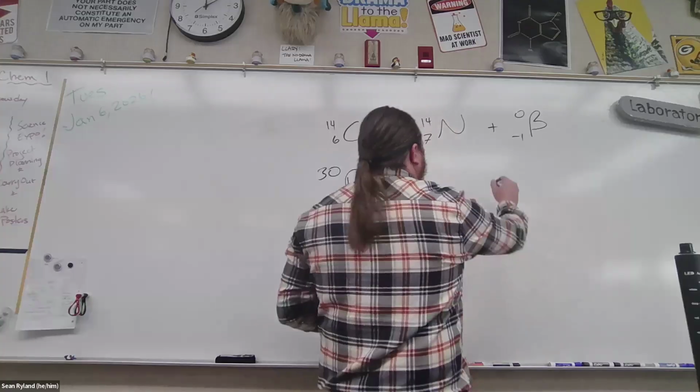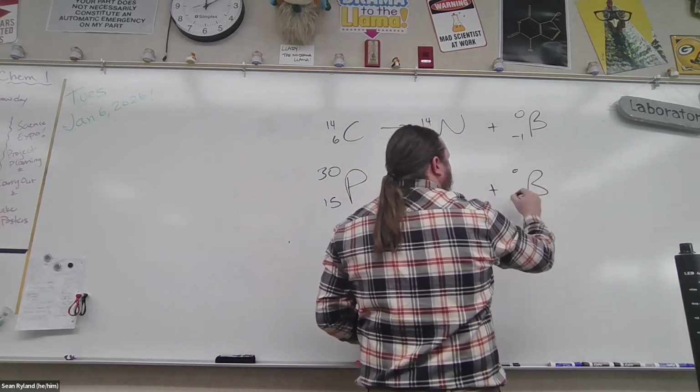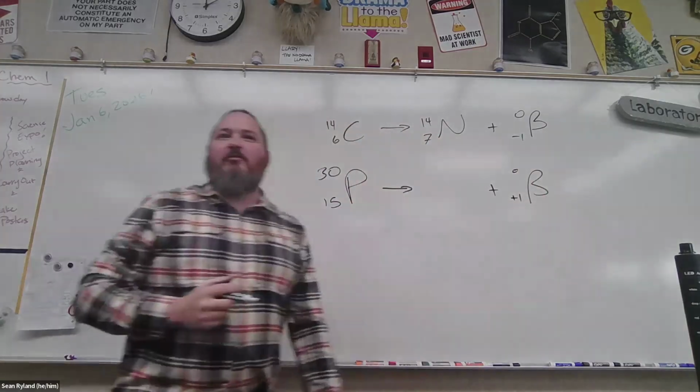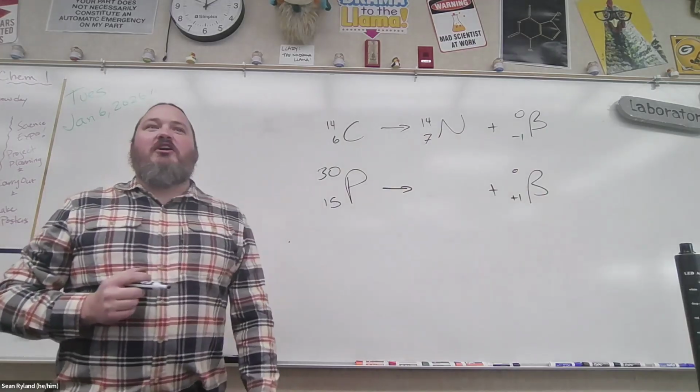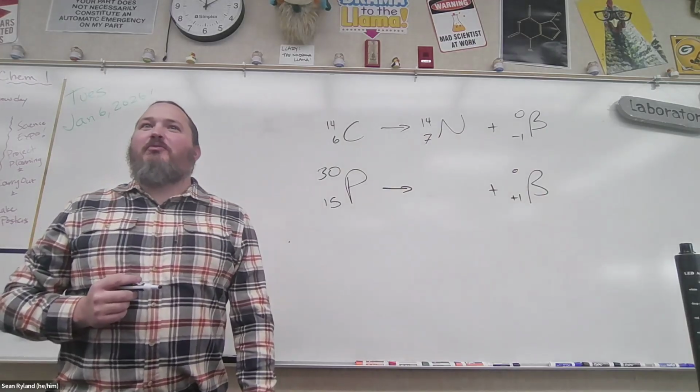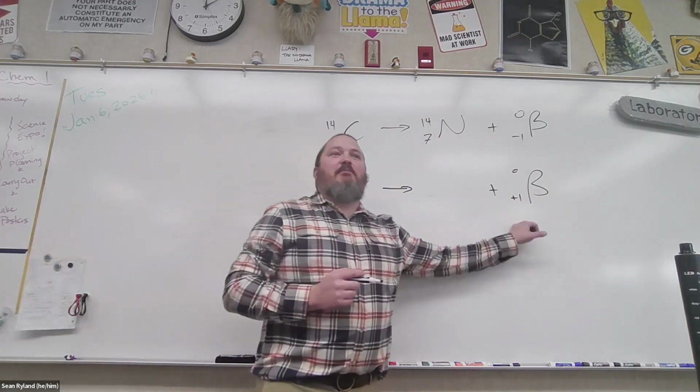Except it's positively charged. We still write it like it's a beta particle, but it's got a +1 instead of a -1. Which is weird, because what I just described was an electron with a positive charge, right? Turns out that's what antimatter is.